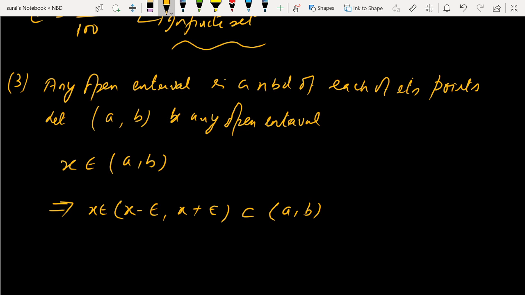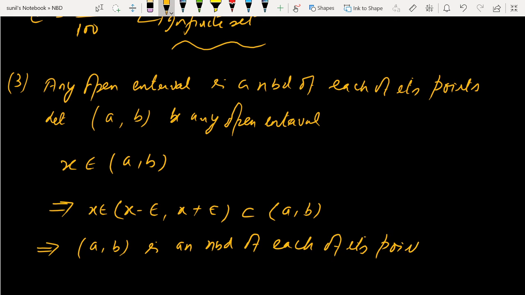So you can say that an open interval is a neighborhood of each of its points.